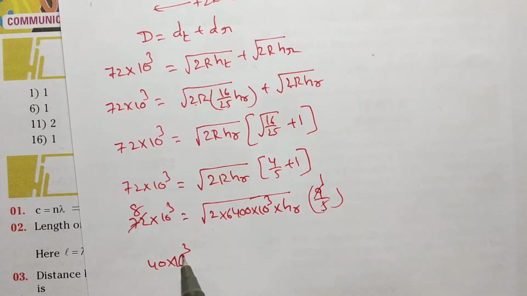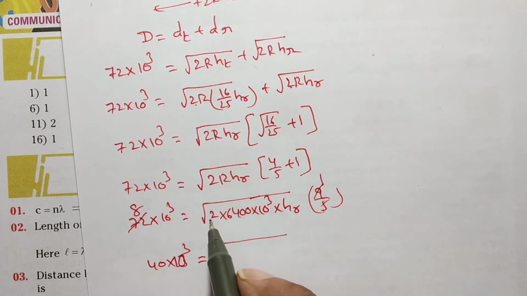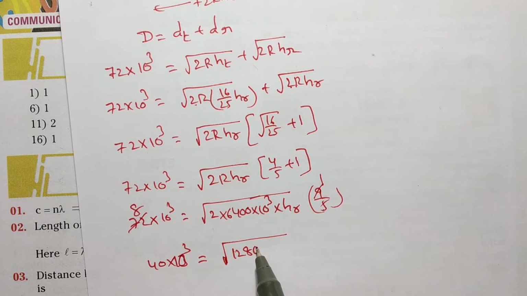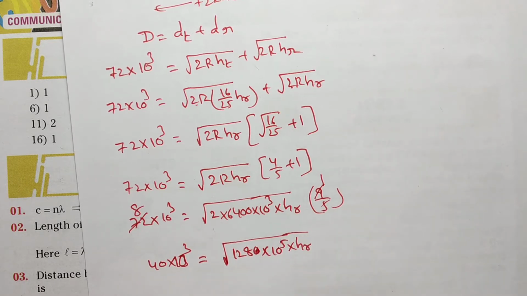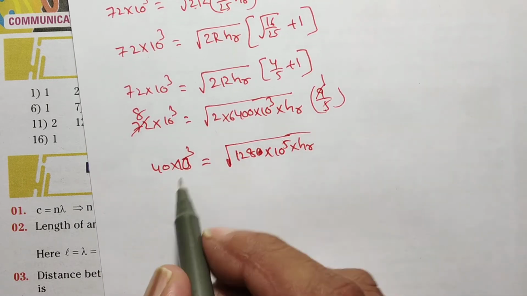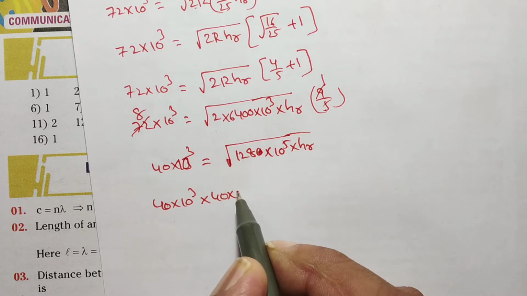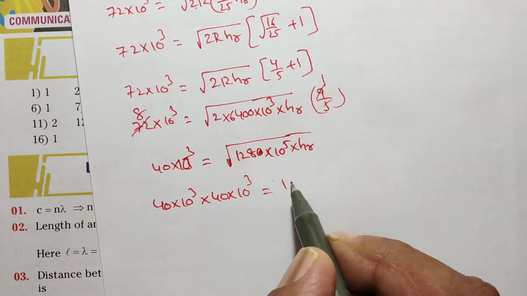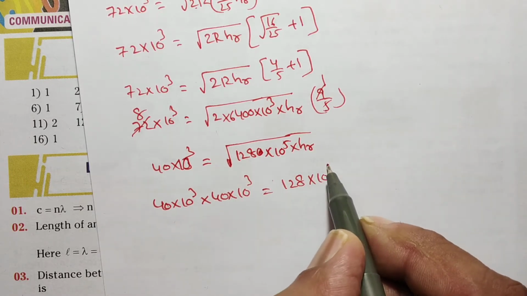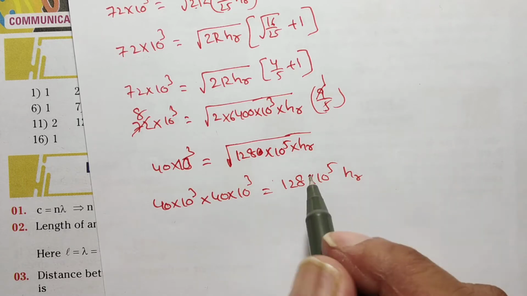40 into 10 to the power of 3 equals square root of 128 into 10 to the power of 5 hr. Squaring on both sides, 40 into 10 to the power of 3 whole square equals 128 into 10 to the power of 5 hr.